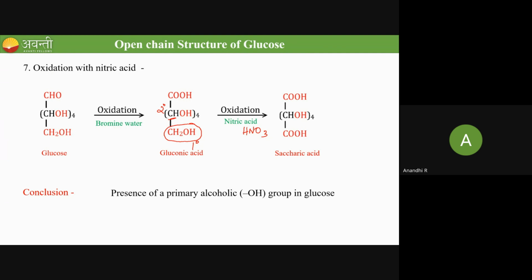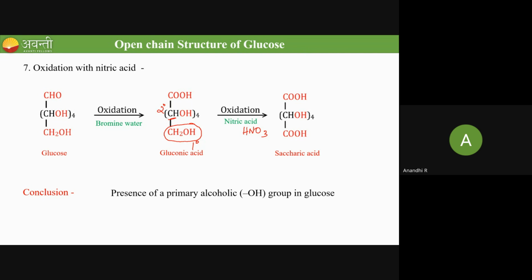Got it? So these are the 6 chemical reactions of glucose. What is the first reaction? It is the reaction with HI. And the second reaction is with NH2OH, hydroxylamine. What is the third reaction, students? Reaction with HCN. What is the fourth reaction?